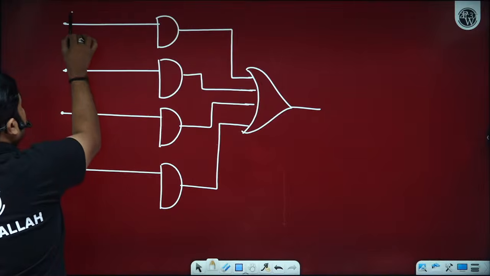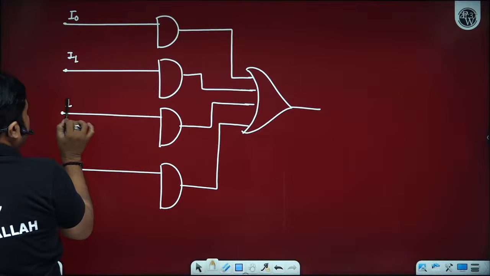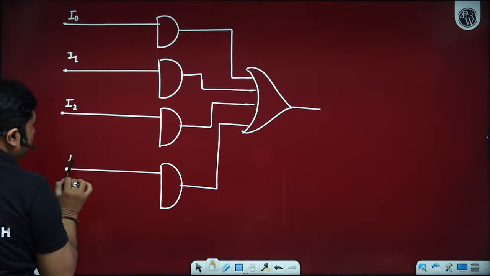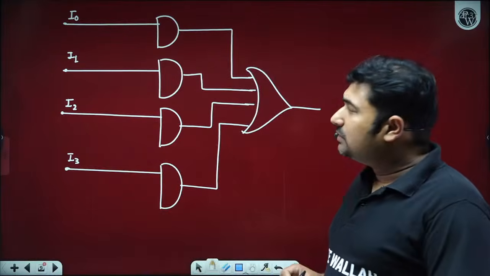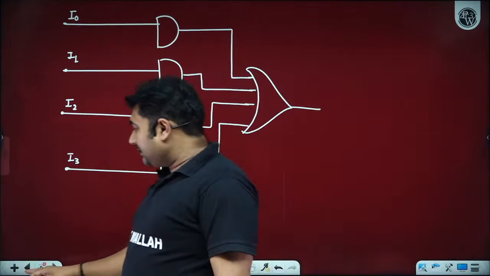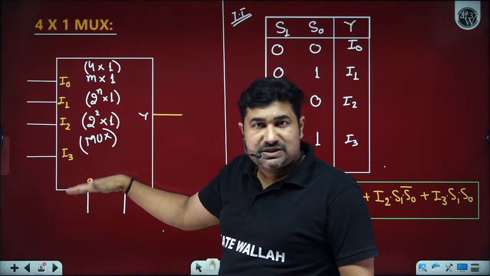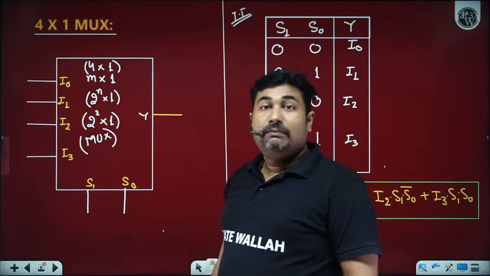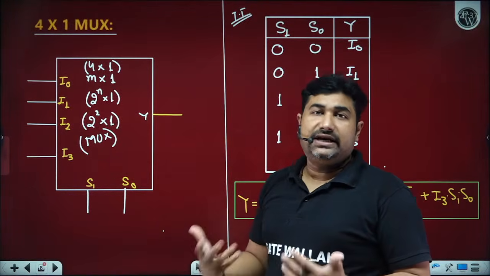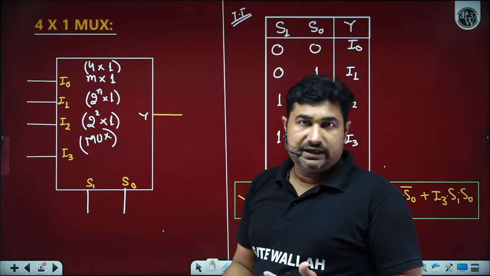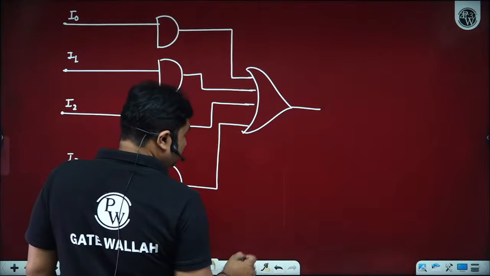One of the input pins is transferred because I am the designer, so I must define the input pins, because only I know which pin we are going to connect and how. In conventional representation, the input pins are always top to bottom, LSB to MSB. But in actual cases, wherever they indicate the input pins, we have to go accordingly. Is it okay? Because only the designer knows which one is the MSB pin and which one is the LSB pin.